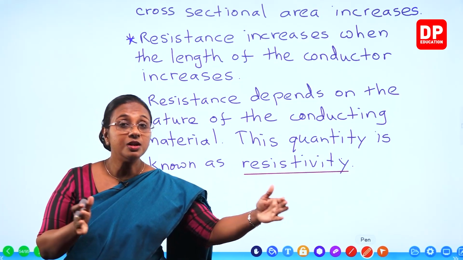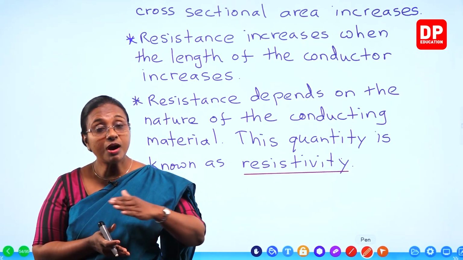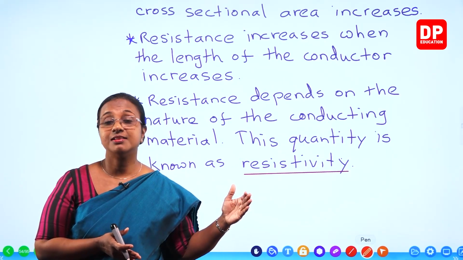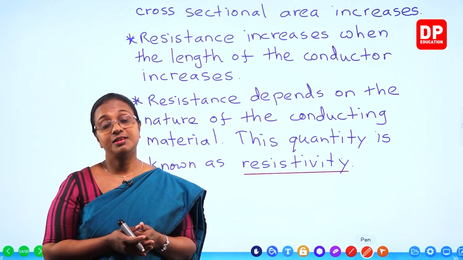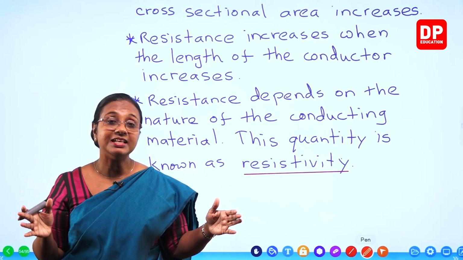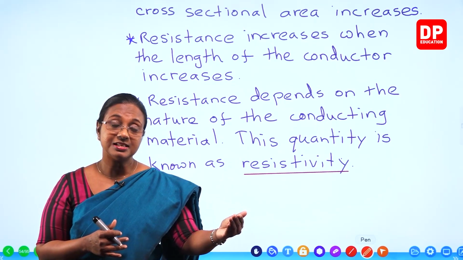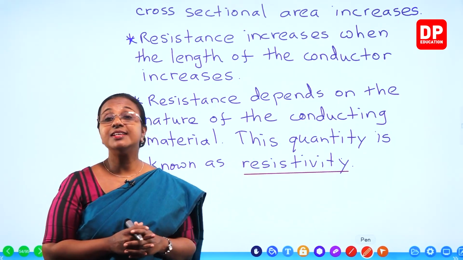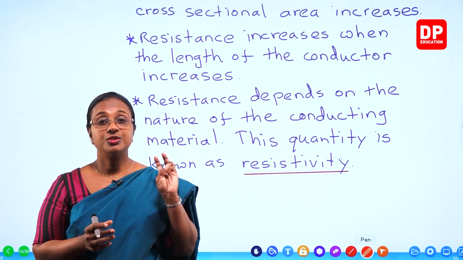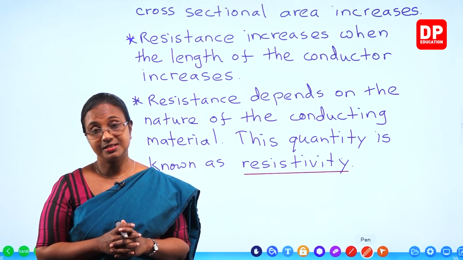But if it is a long length, if the length is more, then throughout the conductor there is resistance. It has to pass through all that resistance. So when length increases, the resistance of the conductor increases. And again, material, it is the resistivity. So the three factors and how they affect the resistance.